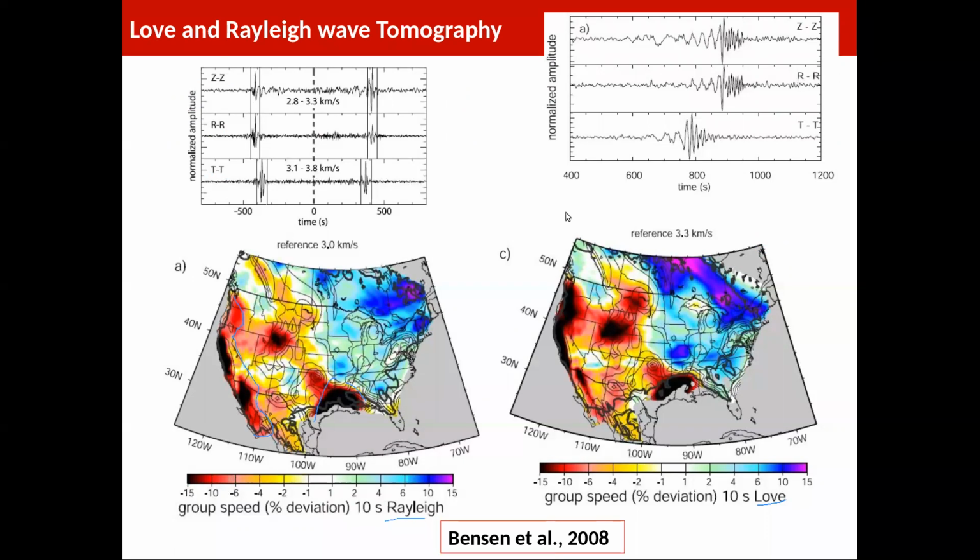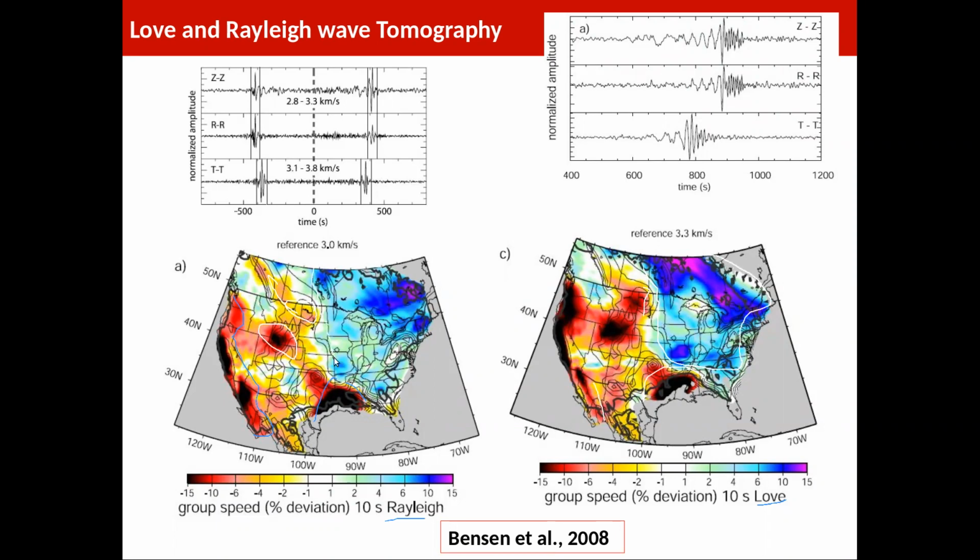Let me change to white again. In these areas, and again here. You can see almost the same information here. And then there is a pronounced low velocity here, but here the amplitude is not that strong. But then you can see the low velocity trends in the northwest, and then the high velocities occur in the eastern part of the United States.